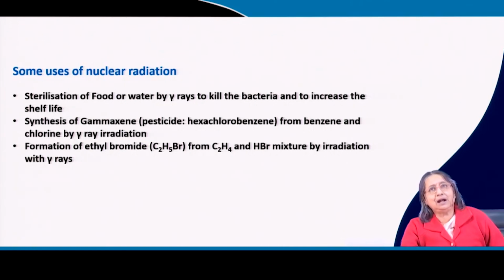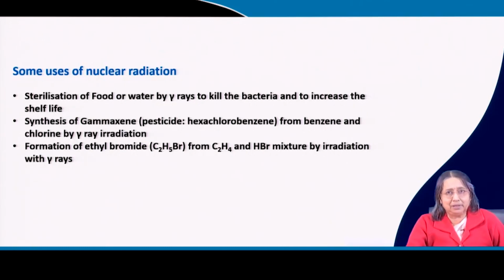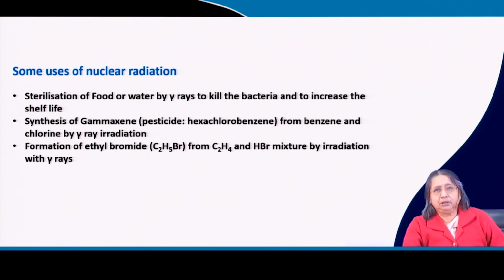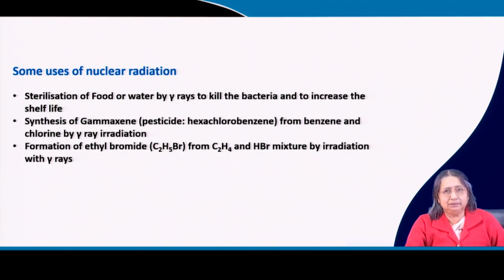You will learn more during the environmental microbiology classes, but we all know that food becomes stale because of microorganisms. So, if you can kill the microorganisms, then it will remain for a long time. Gamma rays can be used to kill the bacteria and increase the shelf life.